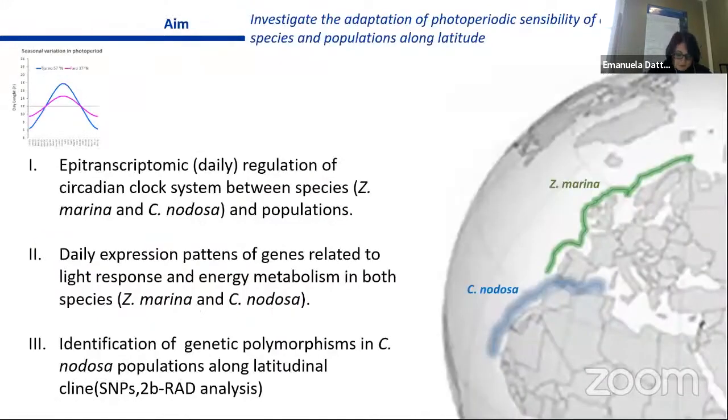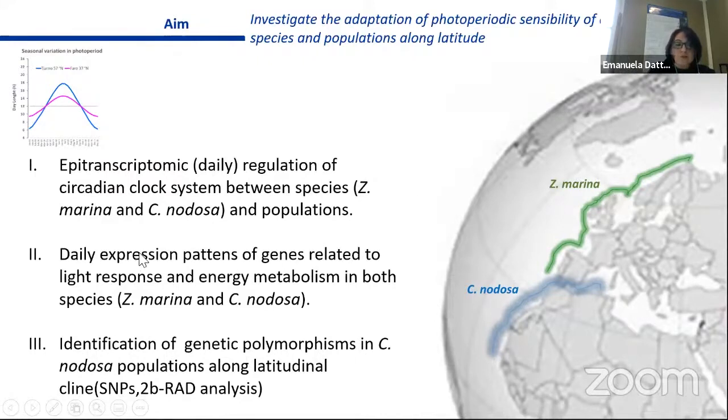So the aim of this project was to investigate the adaptation of photoperiodic sensitivity of different seagrass species and populations along a latitudinal gradient. And in particular, we had 3 objectives. The description of the epitranscriptomic regulation of the circadian clock system between 2 species, Zostera marina and Cymodocea nodosa, and between populations of Zostera marina collected at the boundary of the distributional range of the species.